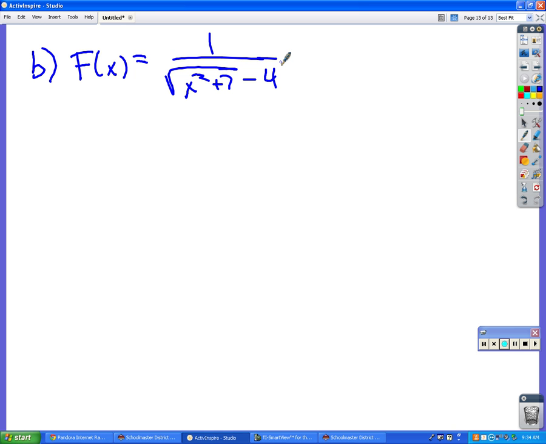Okay? All right, let's do a little more complicated one. Let's look at capital F of x. If we look at this one, how many functions do we have to put together to make this?